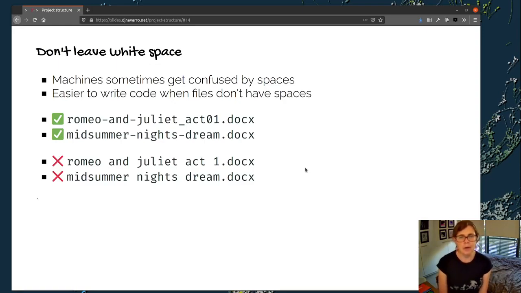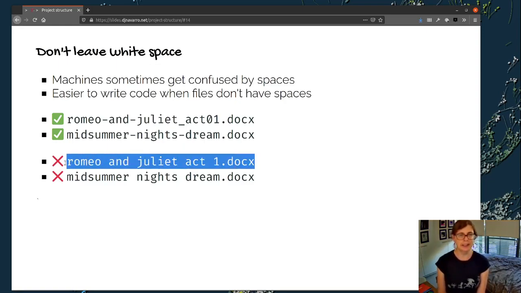The version at the bottom, that you see the cross mark next to, is bad, and later on, when you are working with things that might be, say, lists of file names, there are chances some things can break when you have your file name written in this form.